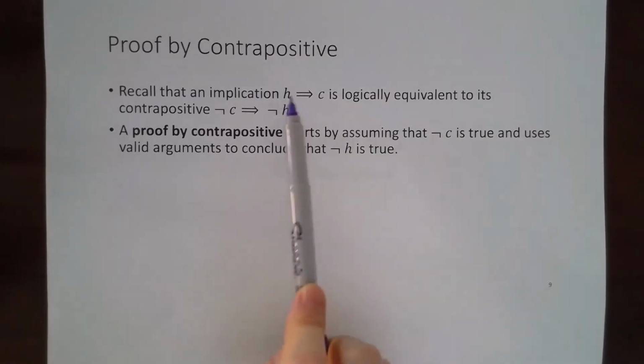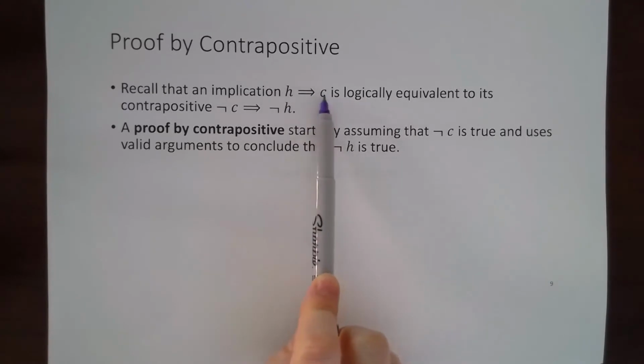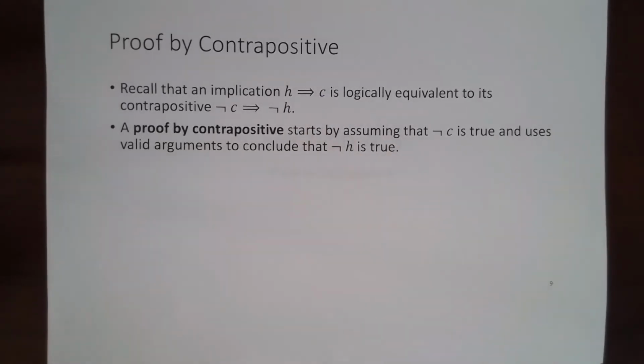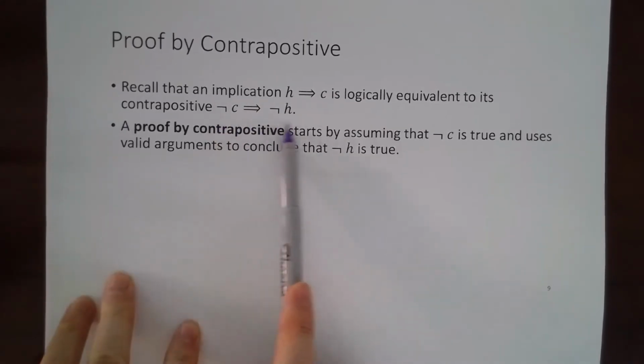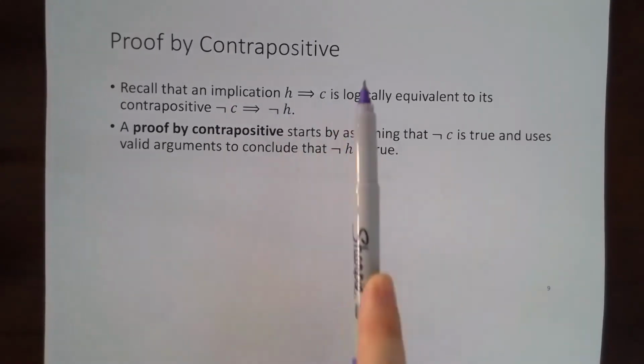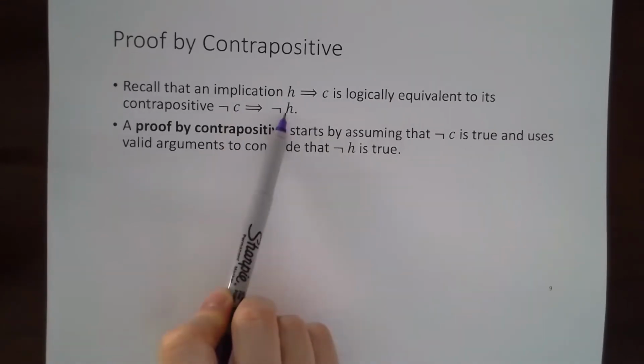Instead of going after the original statement of the theorem, hypothesis implies conclusion, we're going to go after the contrapositive. The negation of the conclusion implies the negation of the hypothesis. If we can prove that this is true, then by logical equivalence, we get that the original statement, H implies C, is true. Okay, and so a proof by contrapositive is essentially a direct proof of the contrapositive.